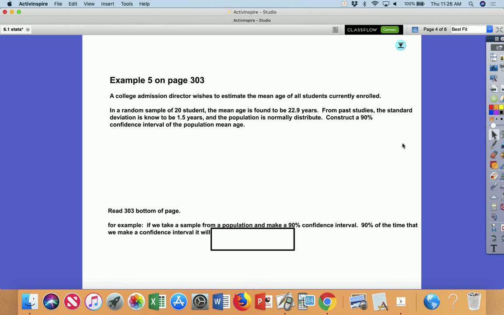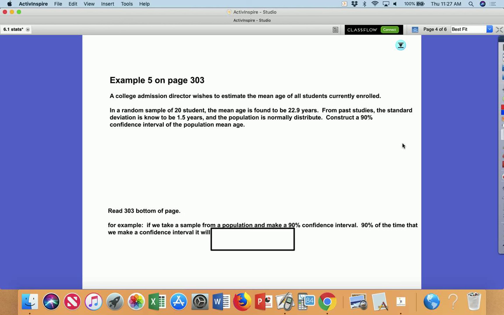So let's try a problem here. We'll find a confidence interval for this. This is that example. You don't need to look in your book. It says a college admission director wants to estimate the mean age of all students currently enrolled. So we have to say that he doesn't have access to all their ages for some reason.